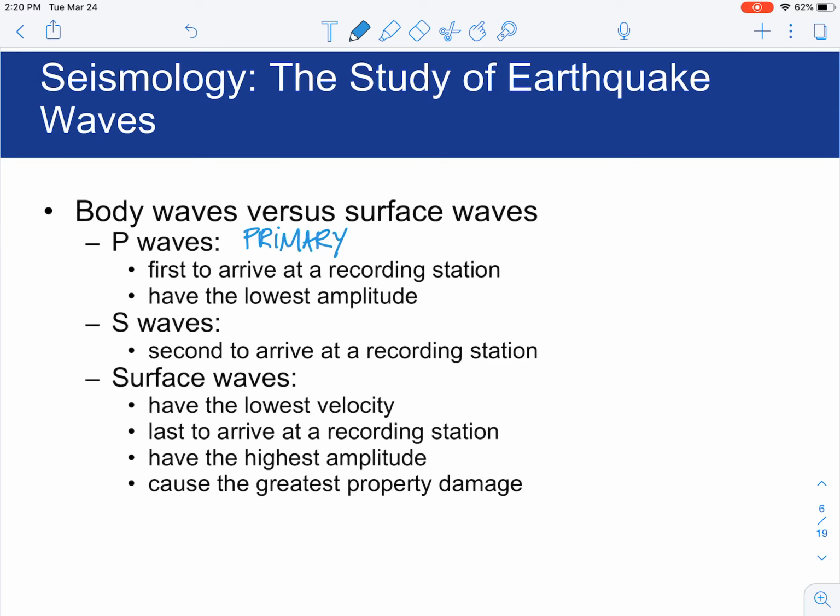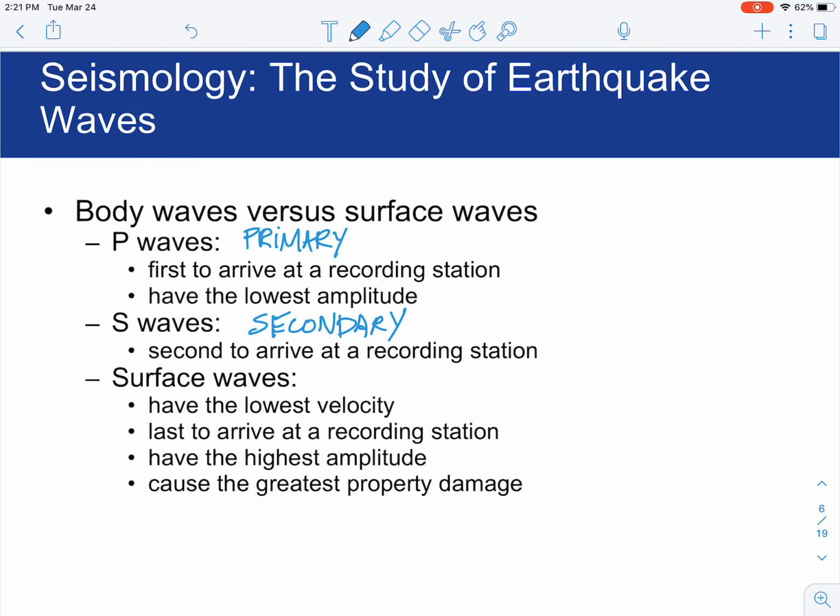The second set of energy waves, also traveling through Earth's interior, are the S waves, and the S is short for secondary, for obvious reasons. These would be energy waves from an earthquake that travel a little bit slower and have a unique set of properties that I describe in a different lesson.